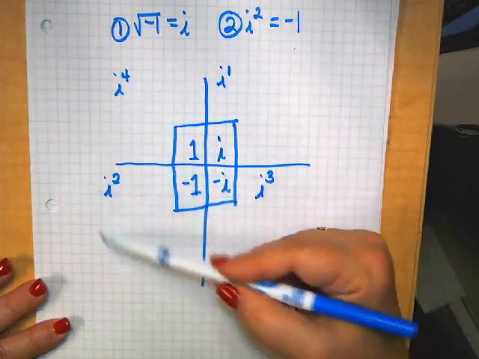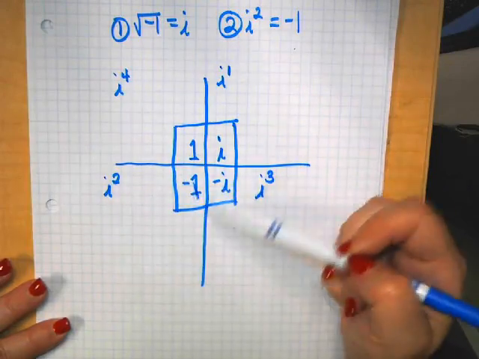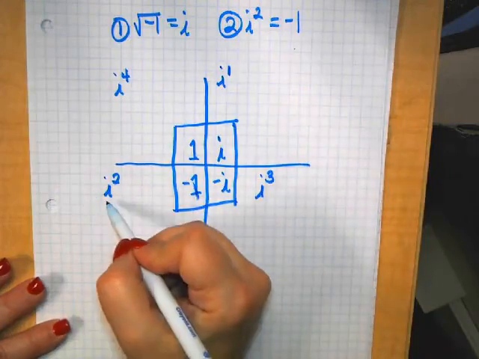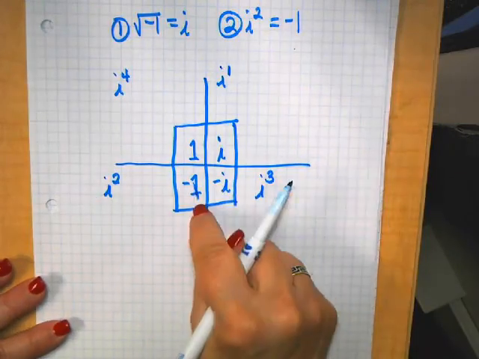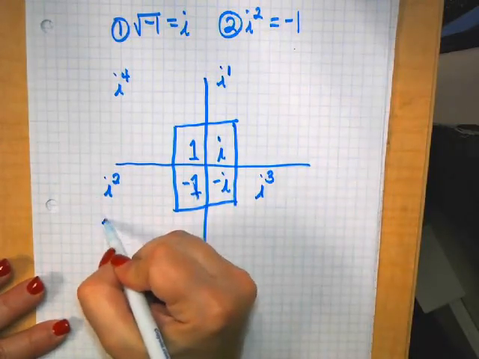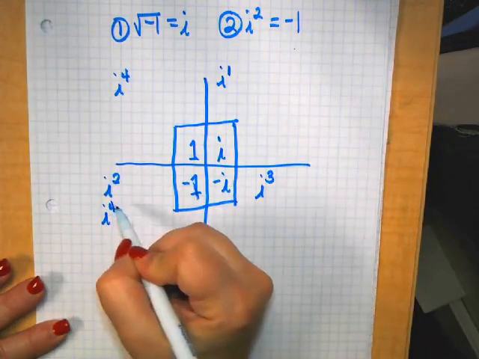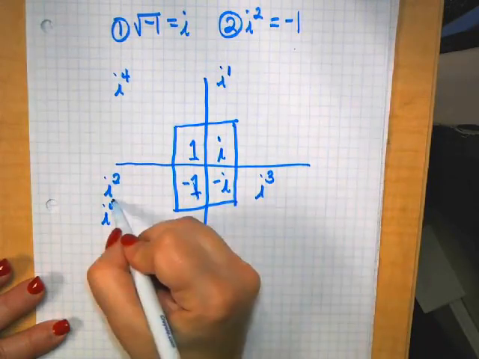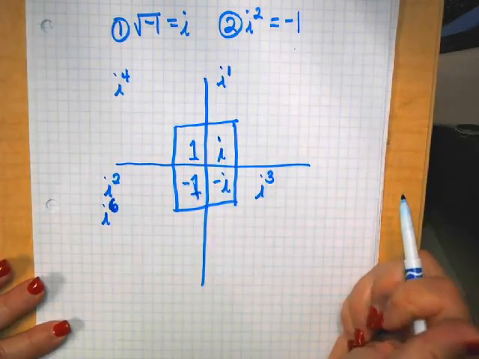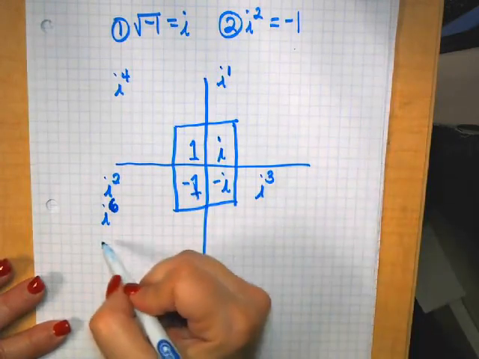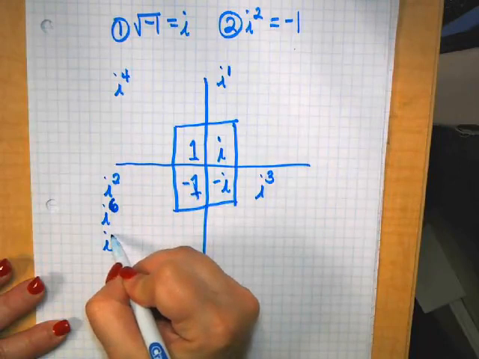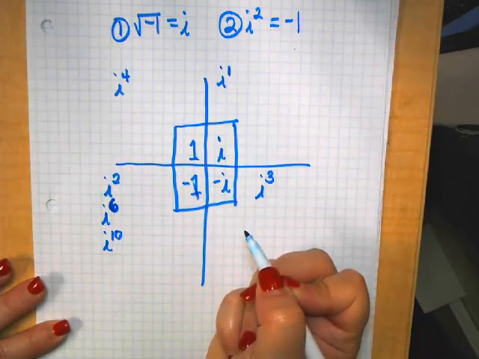I will go back to this fact here where the result is -1. The next time that we get -1 as our answer is when i is raised to the power of, not 4, 6. And then after that, the next time is when i is raised to the 10th.